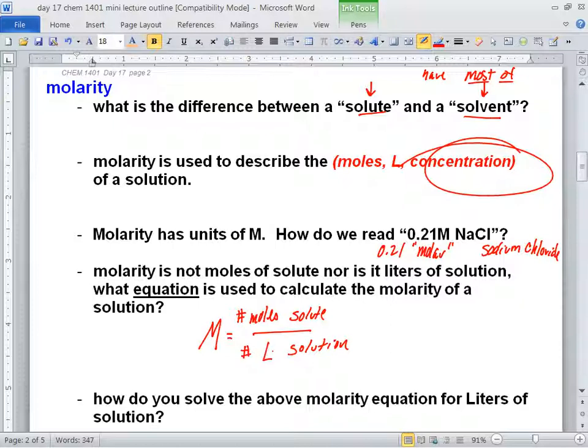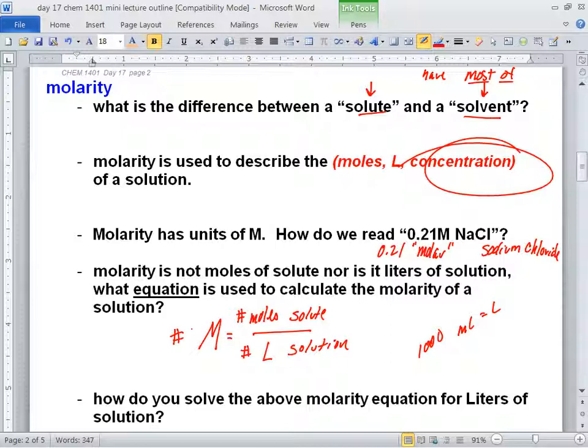Do you remember how many milliliters, Bowdy, were in a liter? 1,000. Just seeing if you guys remember that, right? So you divide the number of moles by the number of liters, and then you get your number for molarity.